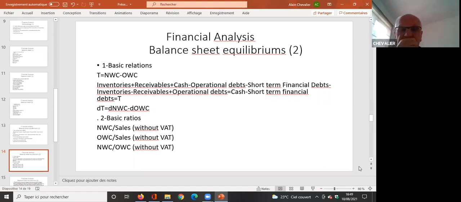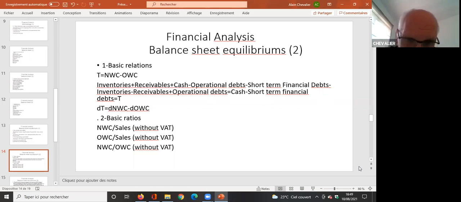You can make the demonstration using the second definition of net working capital, which is inventories plus receivables plus cash minus operational debts minus short-term financial debts, minus the operating working capital, which is inventories plus receivables minus operational debts.